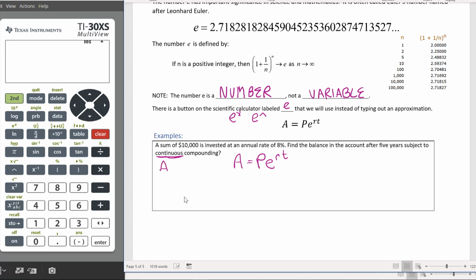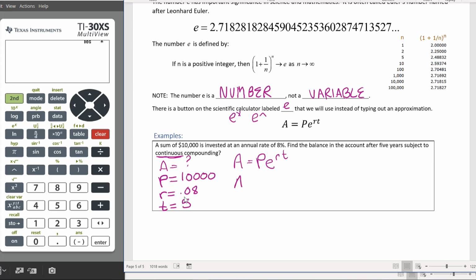Okay, so then I need A, P, R, and T. A is what we're trying to figure out; we don't know what it's going to be eventually. P is 10,000. R is the rate, 0.08, and it looks like we're doing this for 5 years.